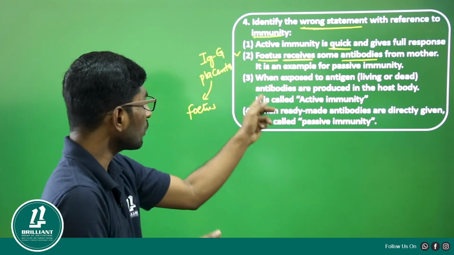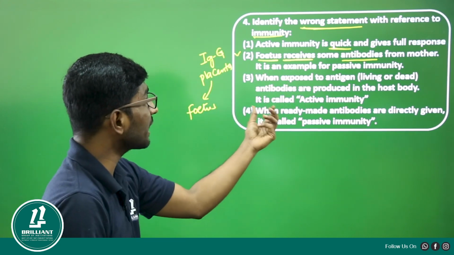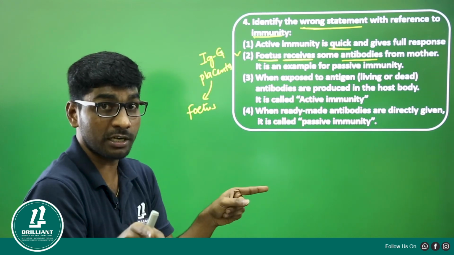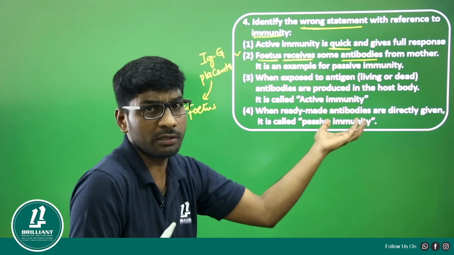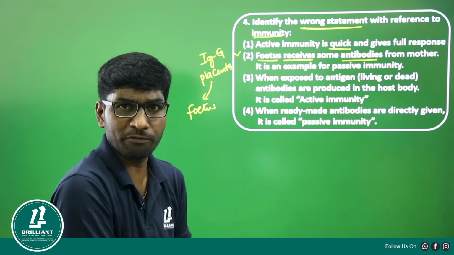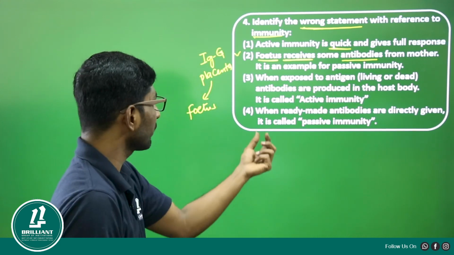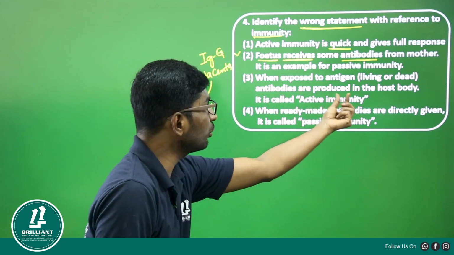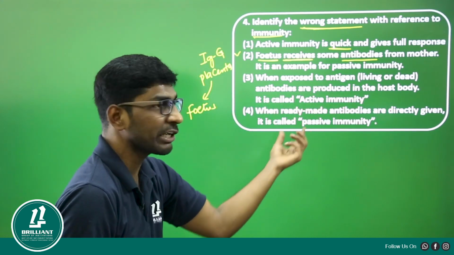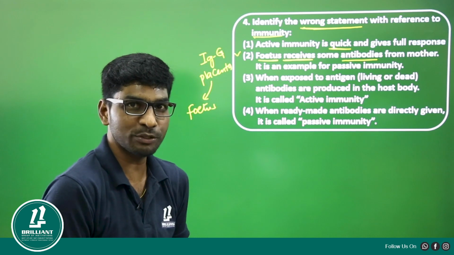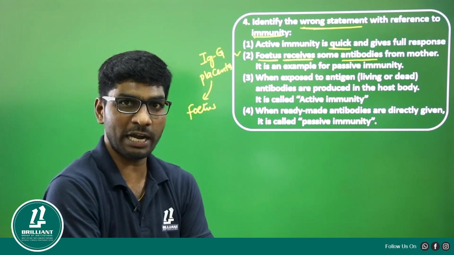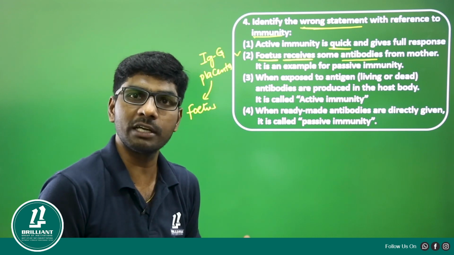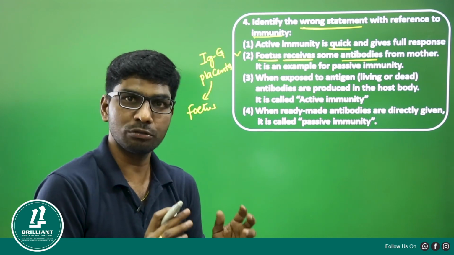It's correct. Option 3. When exposed to antigen, I already told you, the antigen could be in the form of living or it could be in the form of dead. Antibodies are produced in the host body. It's called active immunity. Before I started this question, I told you what is active immunity. When an individual is exposed to the antigen, antibodies are automatically released from the B cell. It is called active immunity.